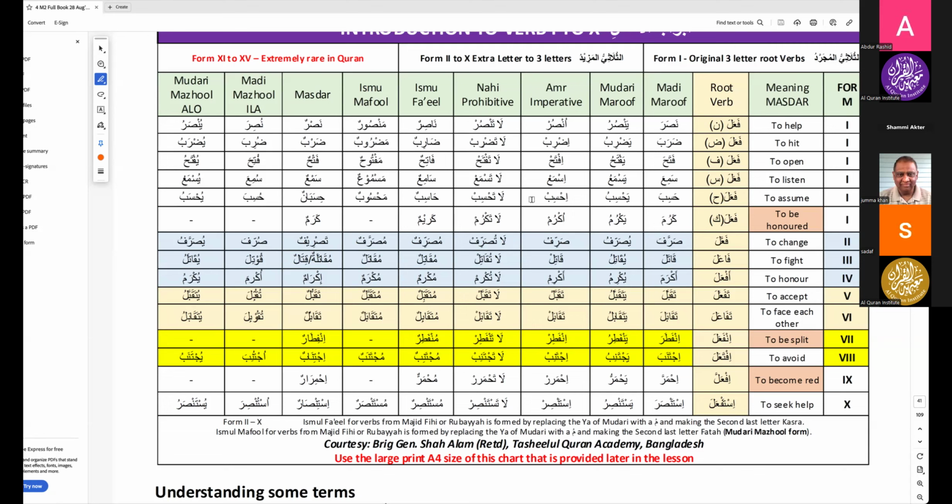For that reason, there is no ismul maf'ul of that and no madi majhul or mudari majhul. Similarly, ihmarra, it became red. Passive meaning, that's why no ismul maf'ul, no madi majhul, mudari majhul. In that way, so many things need to be taken out of this chart.